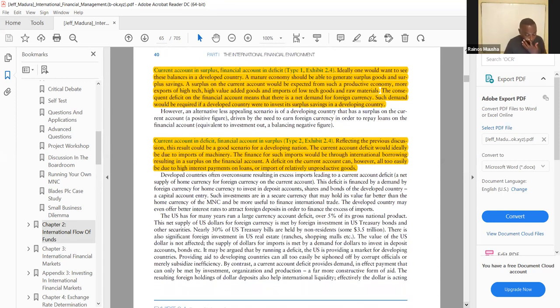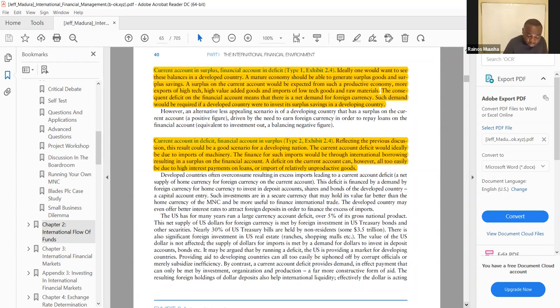The second scenario, they say, is where the current account is in deficit and the financial account is in surplus. Reflecting the previous discussion, this result could be a good scenario for a developing nation. The current account deficit would ideally be due to imports of machinery, and the finance for such imports would be through international borrowing, resulting in a surplus on the financial account.